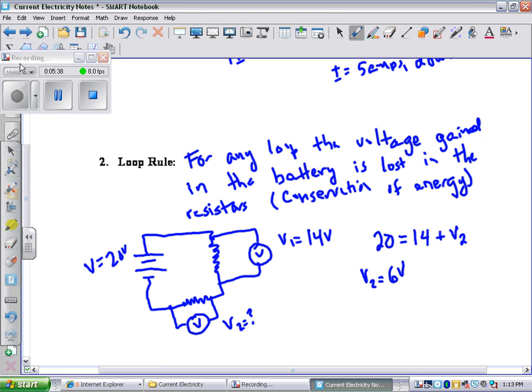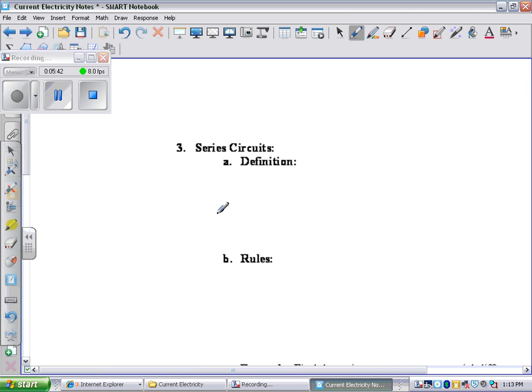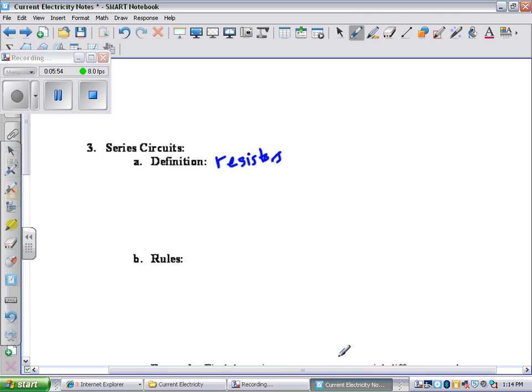Now at the top of the next page, we're going to be starting talking about series circuits. A series circuit is one where the resistors are one after another.